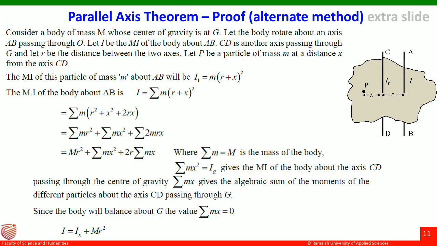Summation of small m is the big M, the mass of the body, and summation of m x square represents the moment of inertia of the body about an axis passing through the center of mass. Therefore, that can be written as Ig.